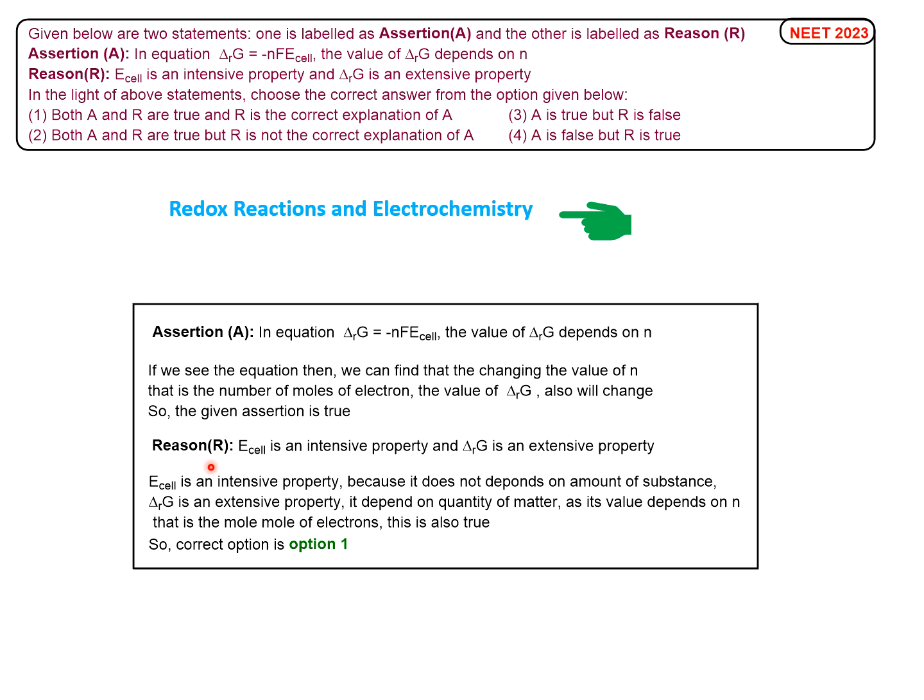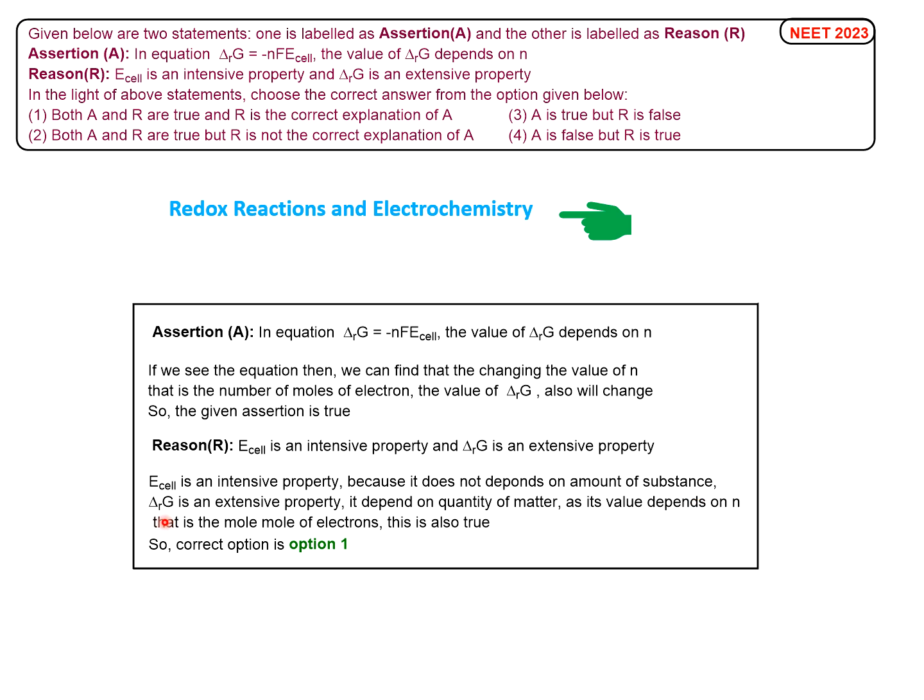The reason: E_cell is an intensive property and ΔG is an extensive property. E_cell is an intensive property because it does not depend on the amount of substance. In electrochemistry, the standard potential of the cell does not depend on the amount of substance.